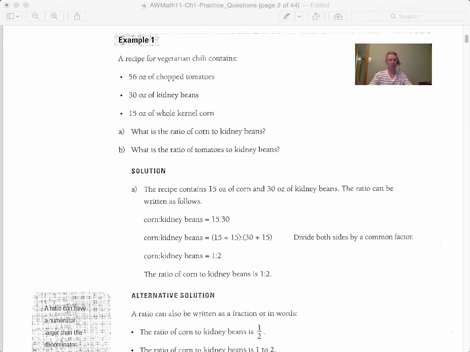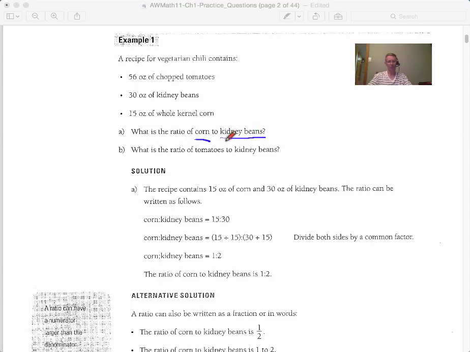Here's an example in your notebooks, giving you a recipe for vegetarian chili, and you can read the recipe here. Won't bore you with the details, but what is the ratio of corn to kidney beans? That's the first question, and then the ratio of tomatoes to kidney beans. Notice they're asking for corn first to kidney beans.